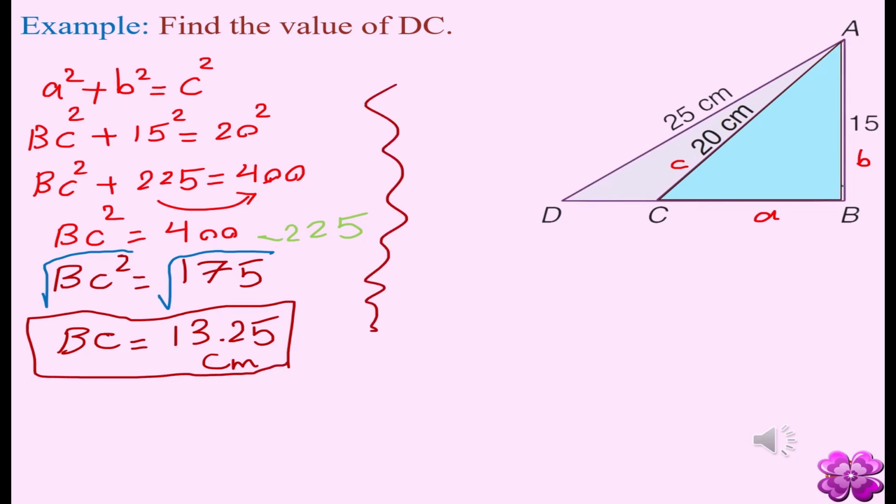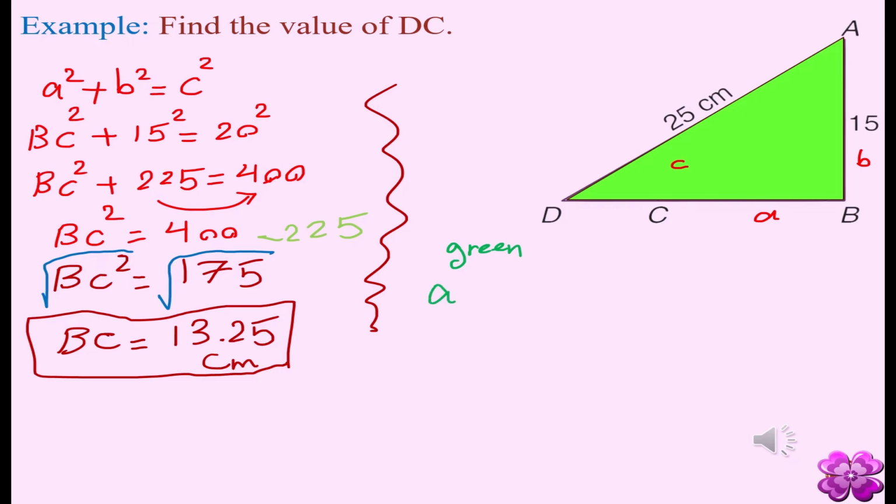Now we are going to work on the other right angle triangle, which is the whole shape. It would be like this, the green one, yeah? So again, I'm going to apply the Pythagorean theorem on this green one.